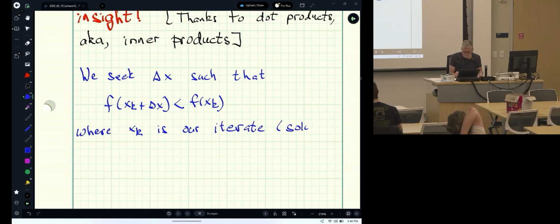So temporary solution, right? So we're just iterating towards our ultimate answer.